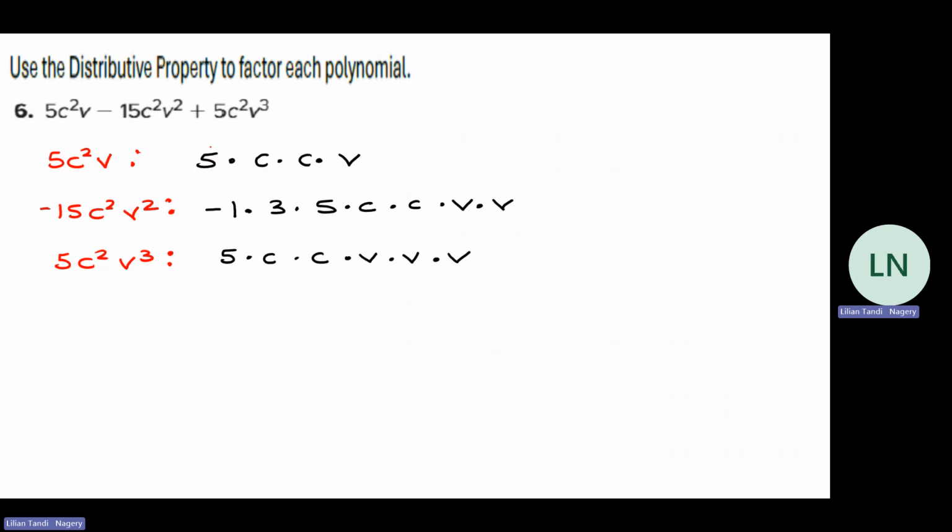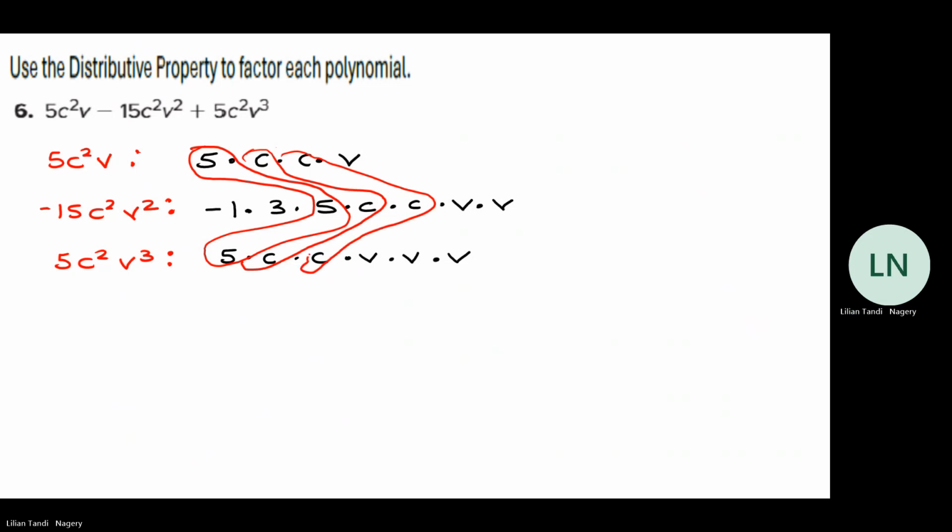Common factor, there is a 5. There is c. There is another c. And there is v. Okay?